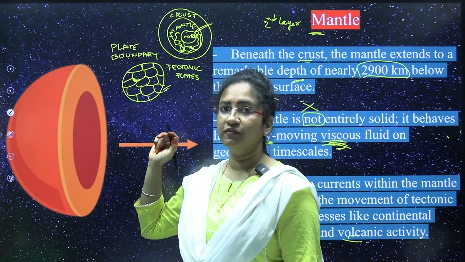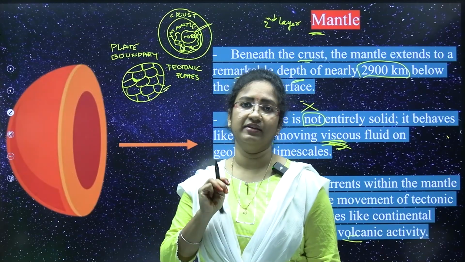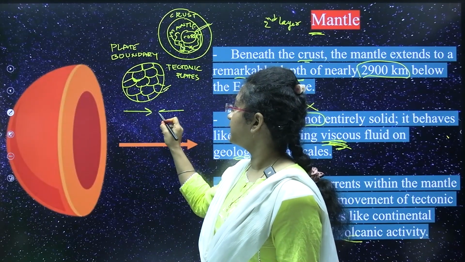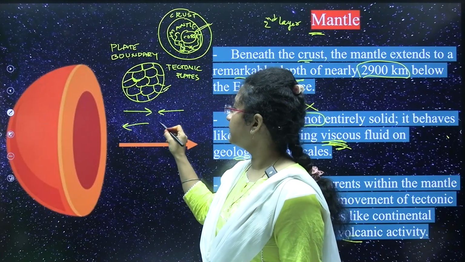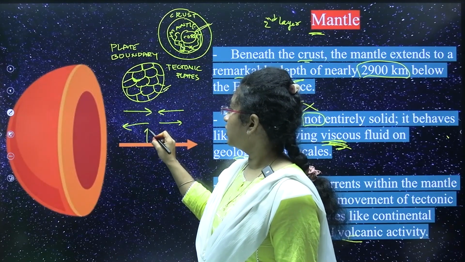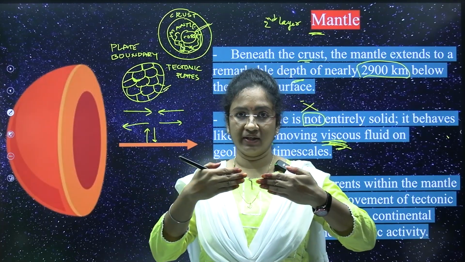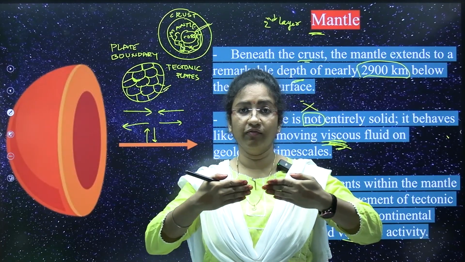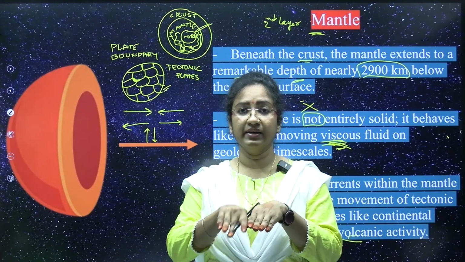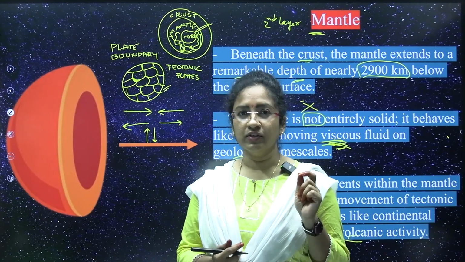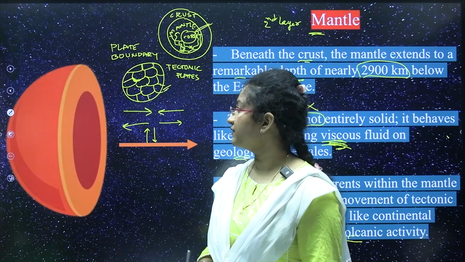So how do they move? They move in three ways. They may come towards each other, or they may move away from each other, or they may slide past each other, which is a transform movement. So these are the three types of movements that we have.